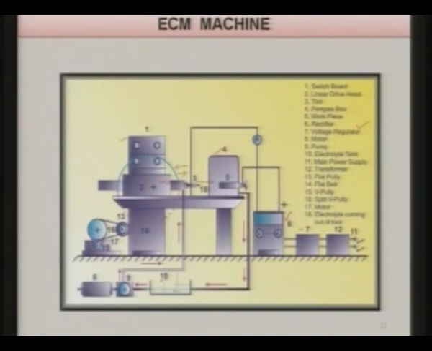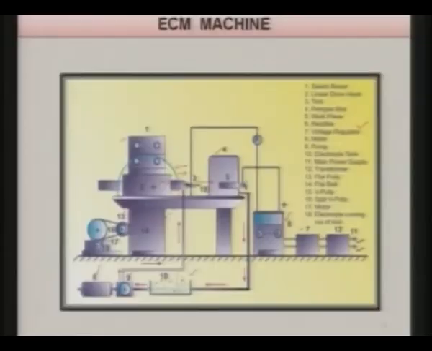Eight is the motor, as you can see there. This motor is used for driving or running the pump, nine, and there is an electrolyte tank, ten. This is very interesting to see here. The electrolyte tank is divided into three zones, 1, 2 and 3. Whatever electrolyte is coming in to region 1, the reaction products which are lighter than the water will remain in region 1, and then the rest of the electrolyte will pass through the bottom and come into area 2.